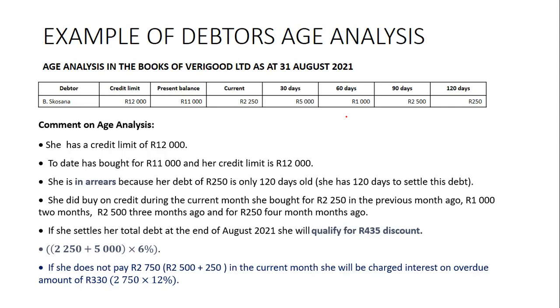If she does not pay that 1,000 plus 2,500 plus 250 in the current month, it simply means that she will get charged interest, and that interest will be at 12%.